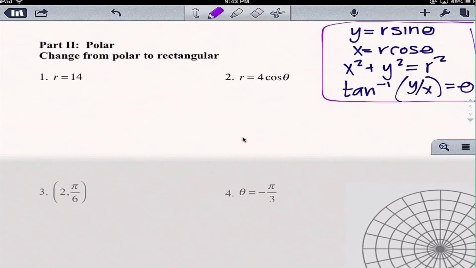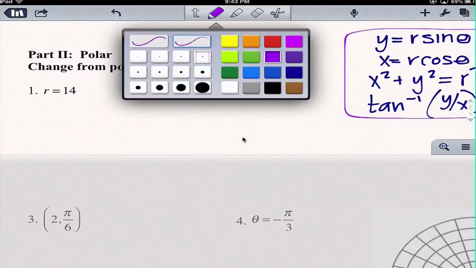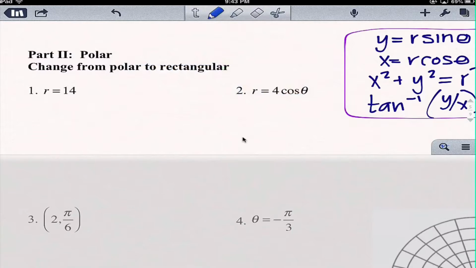So I'm just going to do a few. Remember, changing from polar to rectangular means I want to get rid of r and theta. I want to get it in terms of x and y. So if I have something like r equals 14, first of all, we've learned that means it's a circle. So it would make sense when I see it in rectangular, it should be x squared and y squared.